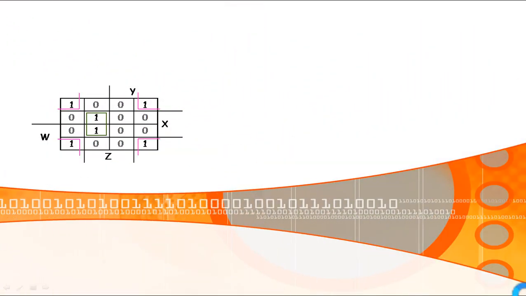The next simplification method is simplification by using K-maps or the Karnaugh map. As you can see in the image, it's a rectangle box which has zeros and ones placed in it.